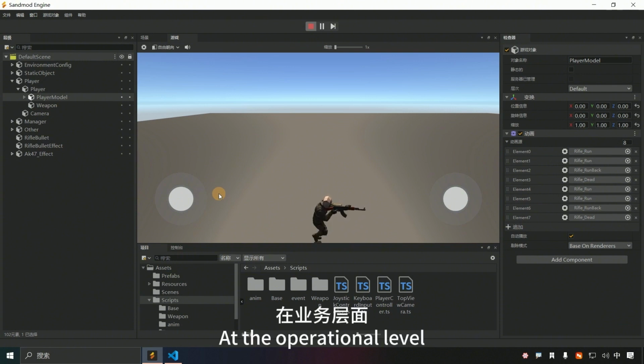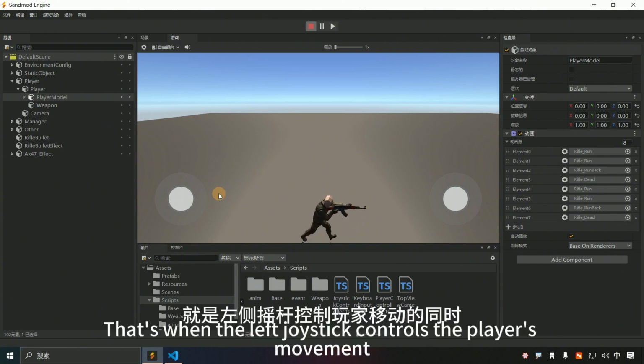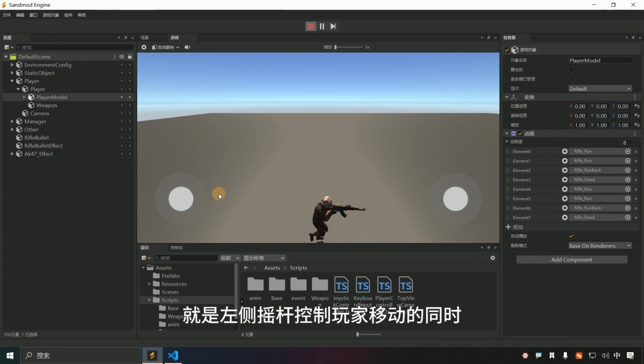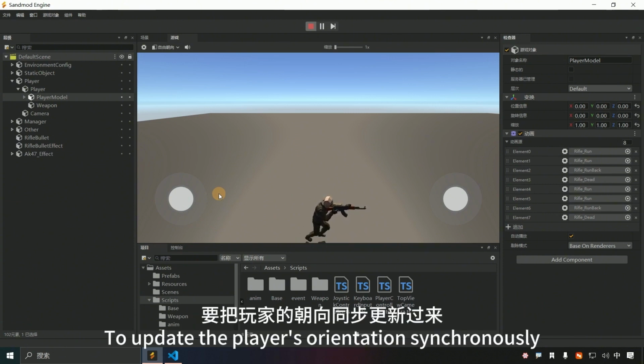At the operational level, that's when the left joystick controls the player's movement, to update the player's orientation synchronously.